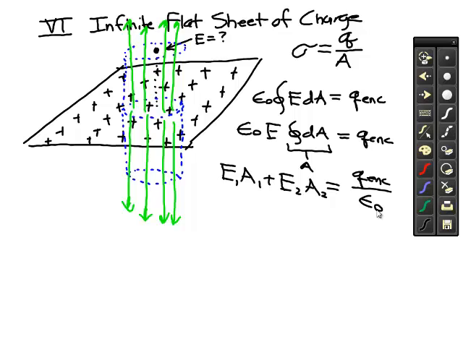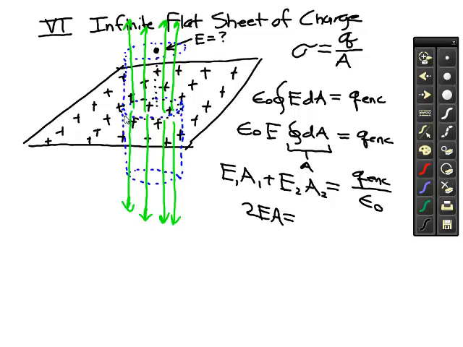If those E's are actually the same in magnitude, and those areas are clearly the same, I can say 2EA equals, wait a second, what's the charge enclosed inside our cylinder? It's only the charge sitting on the surface right here, enclosed in that cylinder.